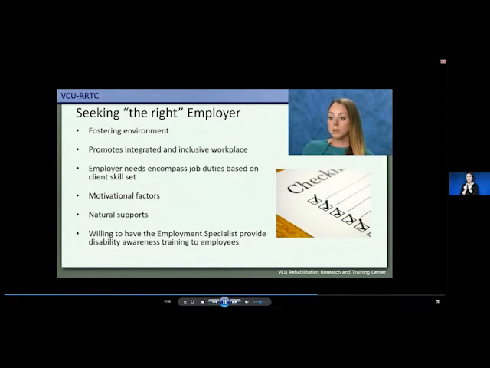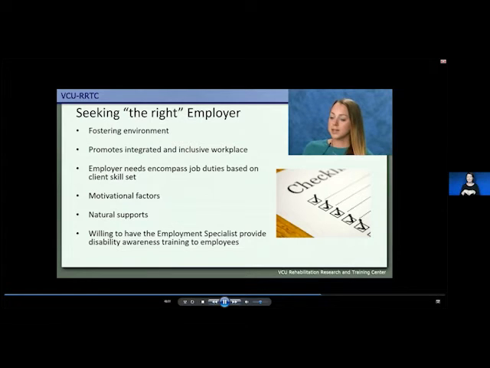And then a plus as well with working with employment specialists, employers can bring the employment specialist on site to do disability awareness training. And this really just promotes that fostering environment in your company and allows the other employees to really understand exactly the supported employment process, working with individuals with disabilities and really highlighting their strengths. And we can tailor these specific trainings specific to that person that is interviewing and then potentially placed in that job.